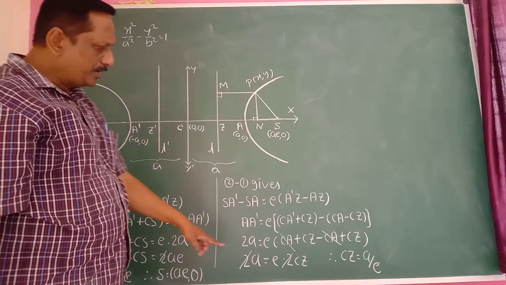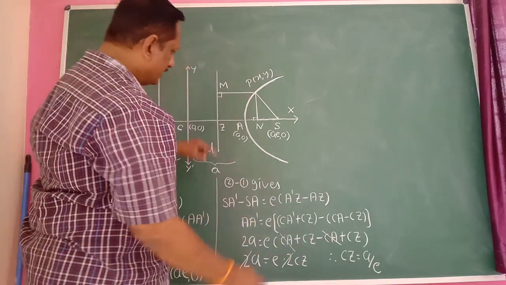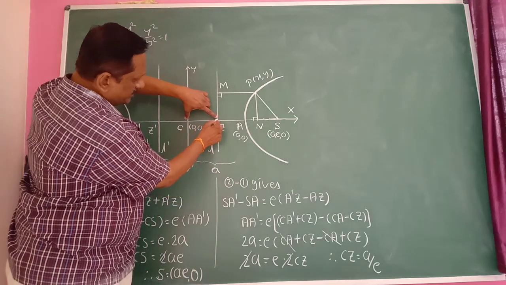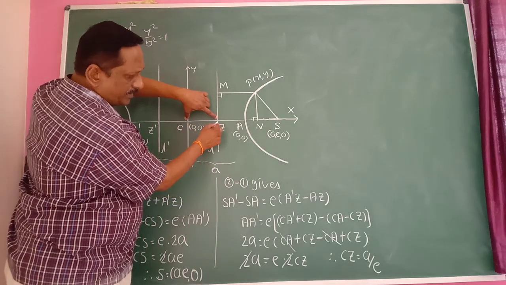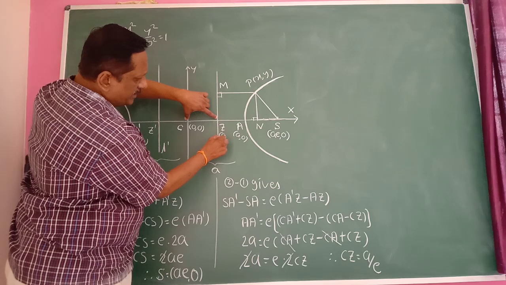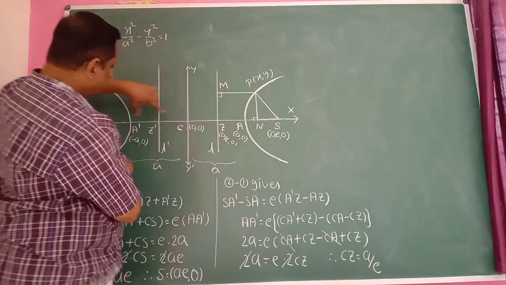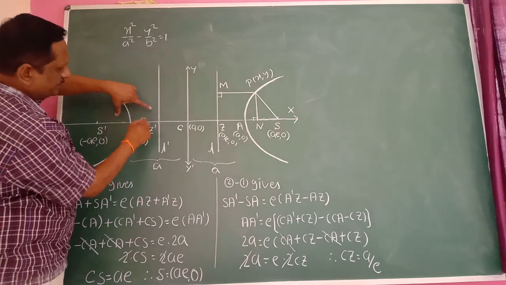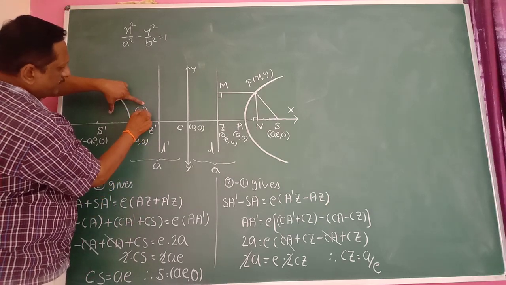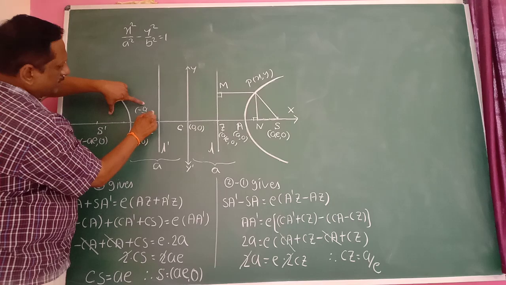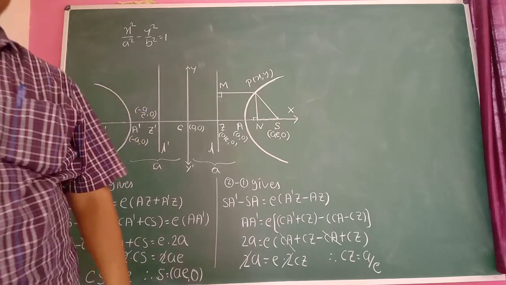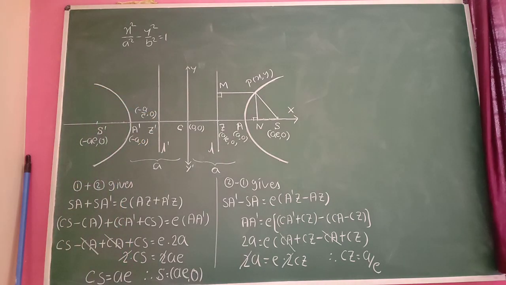And you already proved CZ is equal to A upon E, so this distance is A upon E. Therefore, the coordinate of the point Z is (A/E, 0). The coordinate of this point Z dash becomes (-A/E, 0).